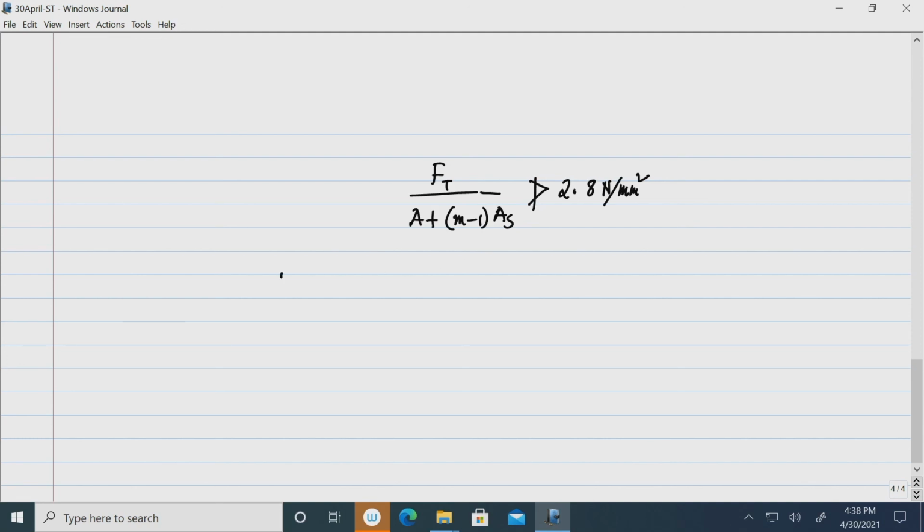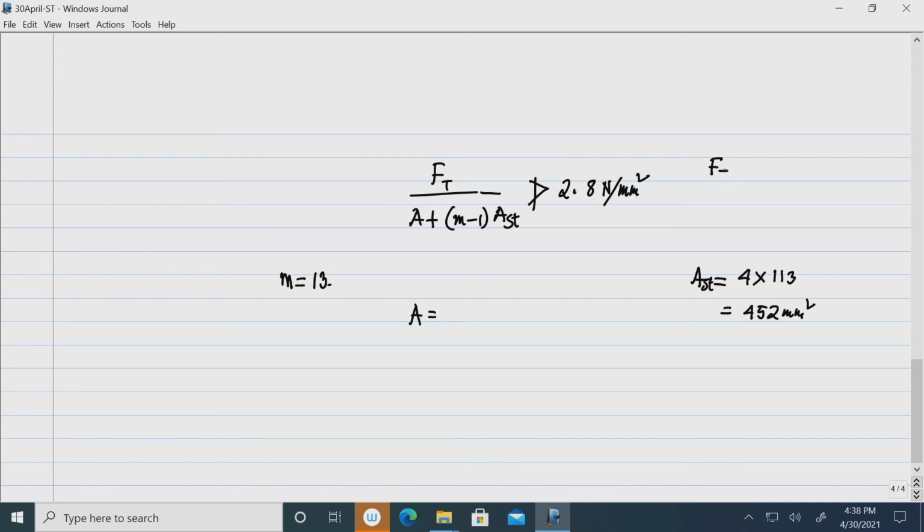Now, m is taken for fck 20 Newton per mm square as 13. AST we have already found: AST is equal to 4 into 113, where 113 is the area of a 12 mm bar. So, that is 452 millimeter square AST. Hence, we get from this equation the quantity A, because Ft was found out earlier.